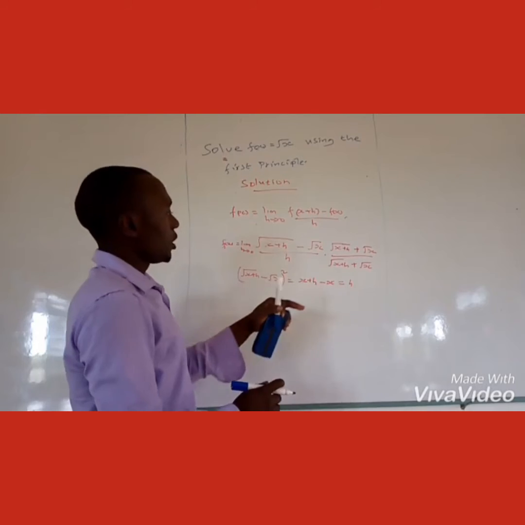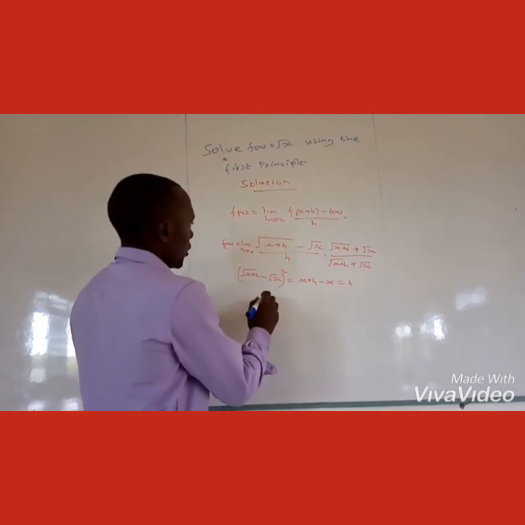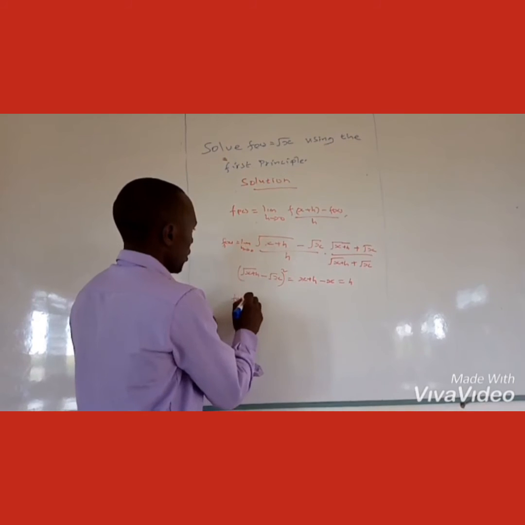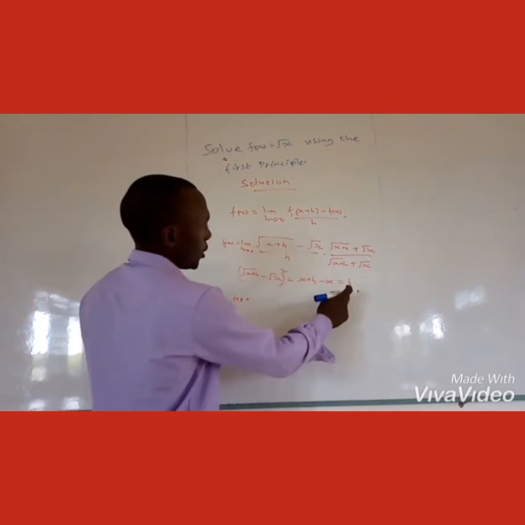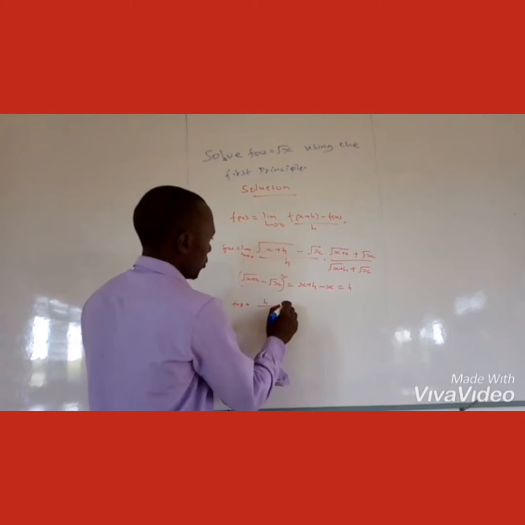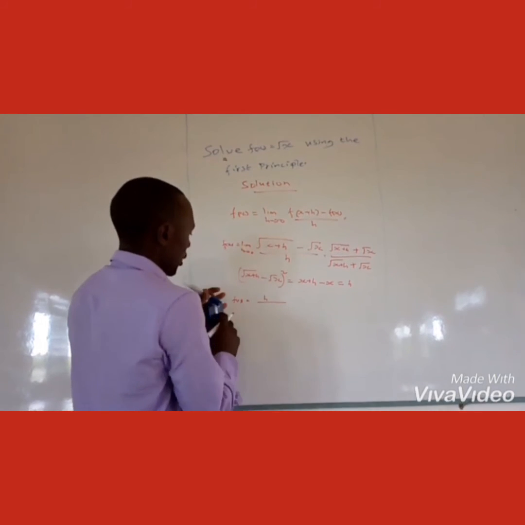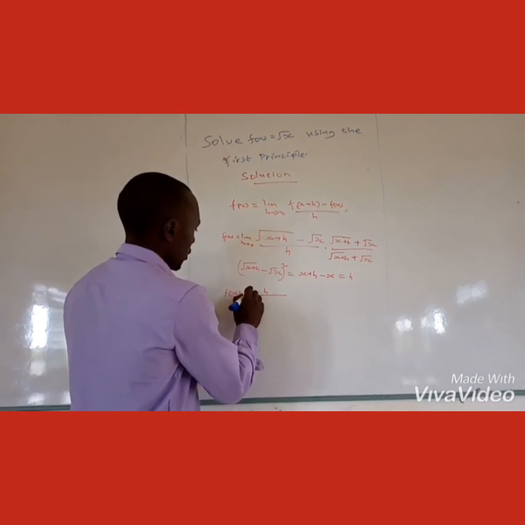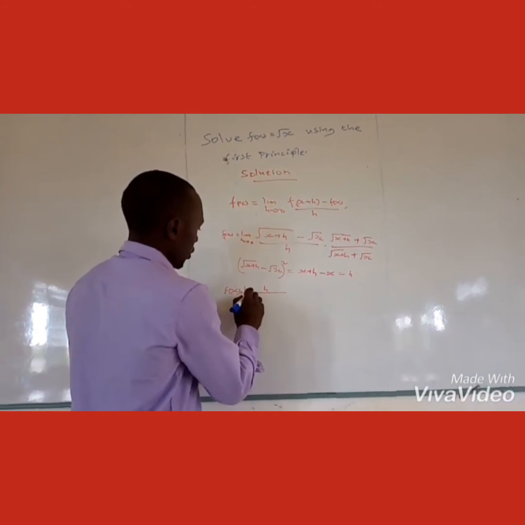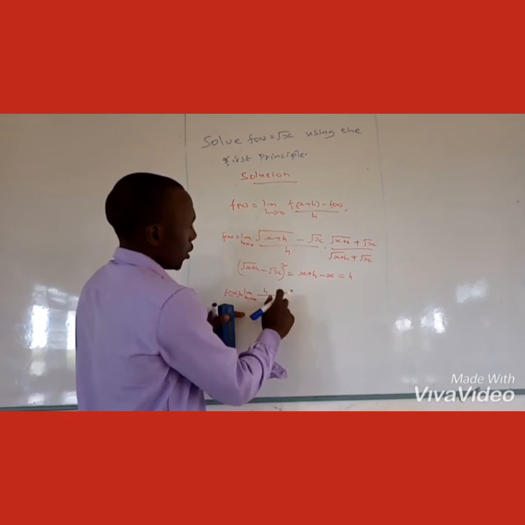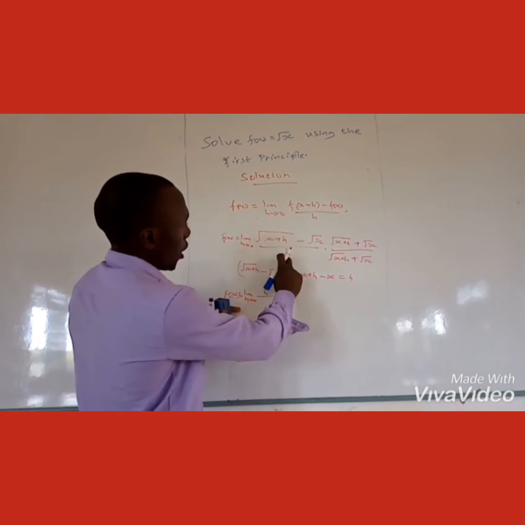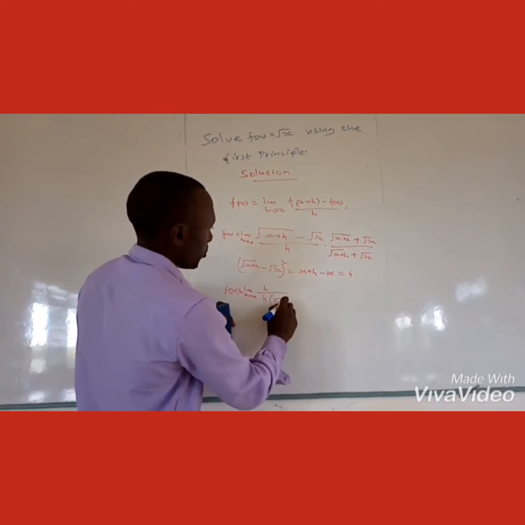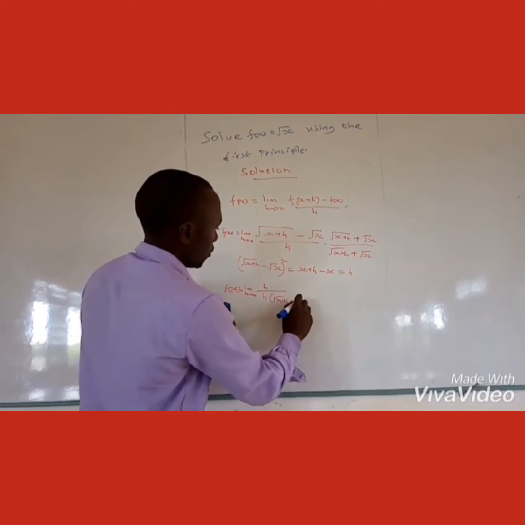Let us come to the denominator. We're done with the numerator, so f'(x) is equal to the limit as h tends to 0, of h out of h times root of x plus h plus the root of x.